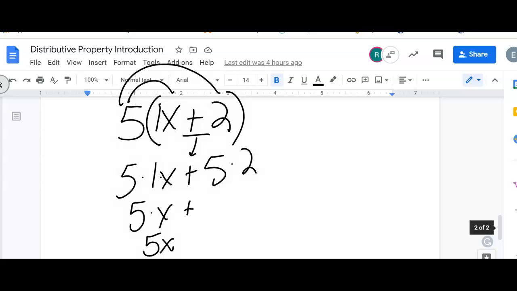Plus, what is 5 times 2? Can we do that? Yes, we can, which is altogether 10. 5x plus 10. That is the distributive property with variables, which you'll use. This is simplifying that. Awesome job today.